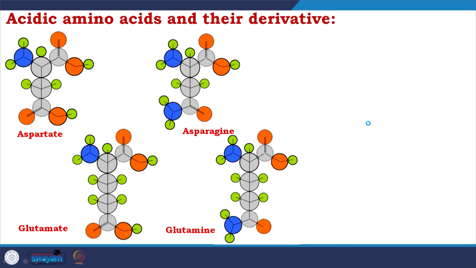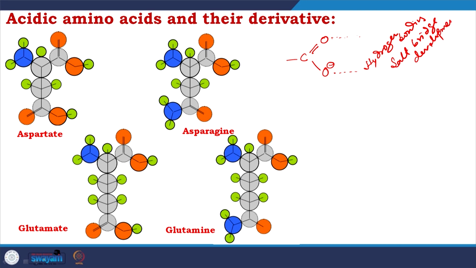You see, when you consider the acidic group, they could use it for hydrogen bonding or salt bridge development. So both aspartate and glutamate have the potential to do that.